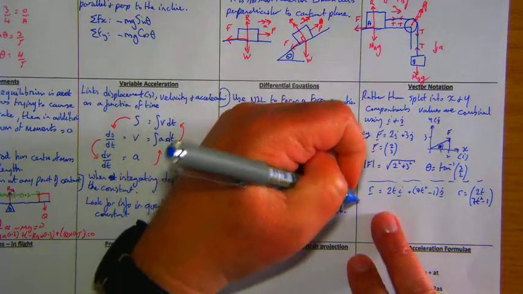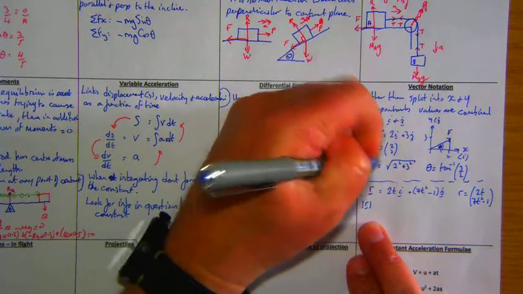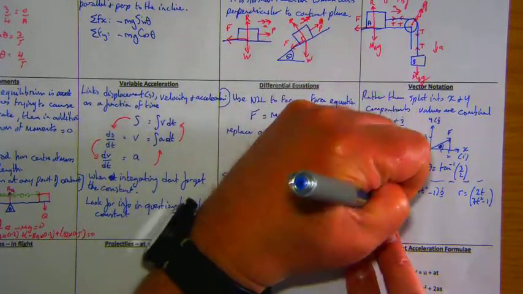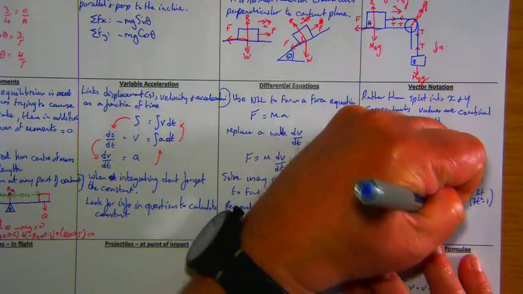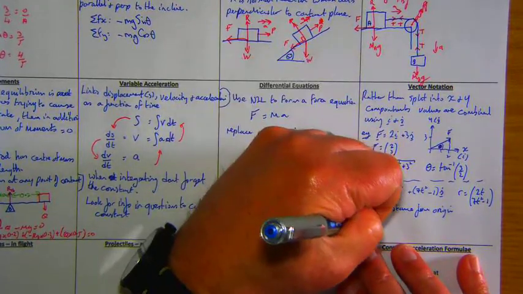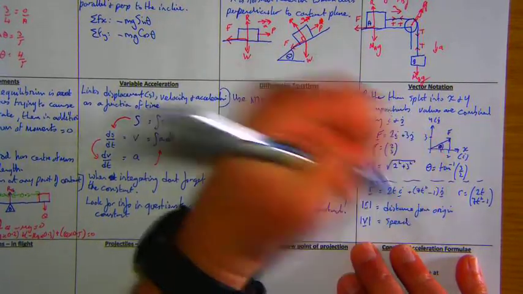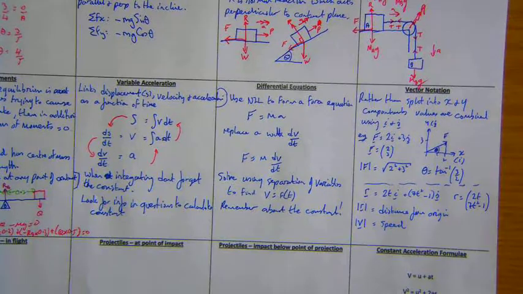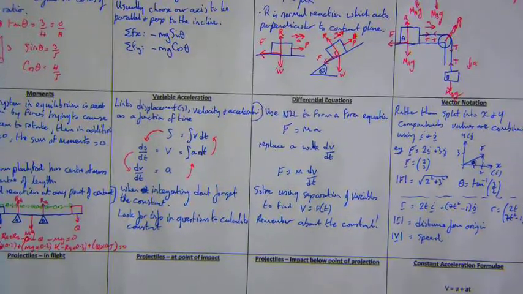The magnitude of r, so the Pythag bit of that, would give you distance from origin. If you had a velocity vector, then the magnitude of velocity gives you the speed. So we'll look at a practice question on Thursday to do with vector notation, but it isn't anything to be panicky about.